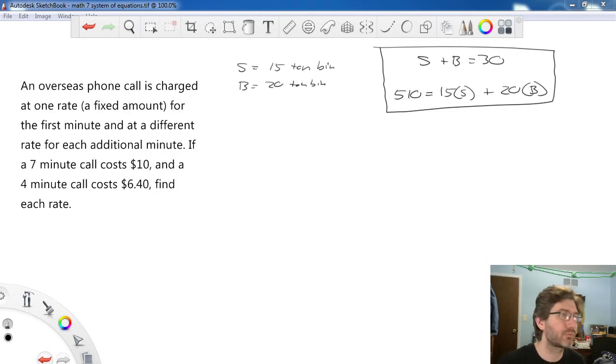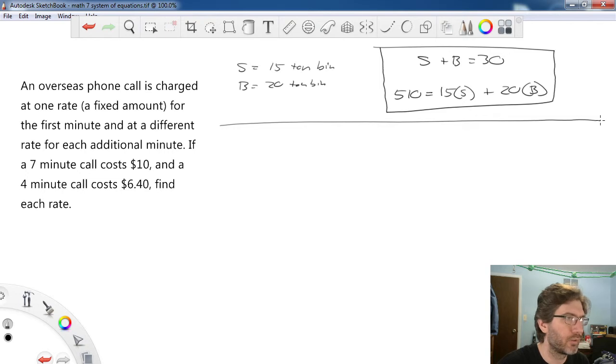this one. Here, the overseas phone call charge. This one's a little strange with the interpretation, but the interpretation is pretty easy. I wanted to leave that equation up there.